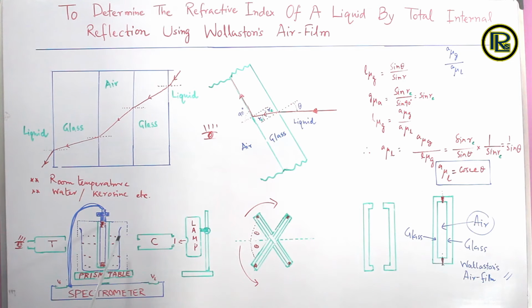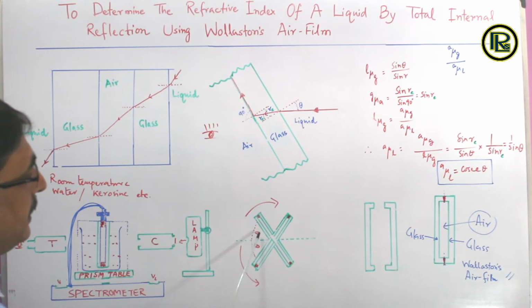and you have to repeat the experiment identically, only rotating the air film anti-clockwise like this. So measuring plus theta and minus theta, we will initially have 2 theta, and then dividing by 2 we will have theta.